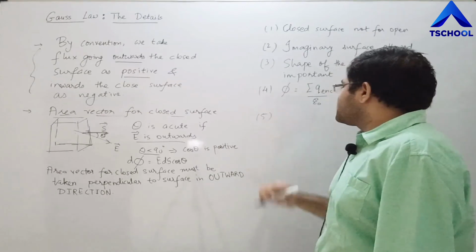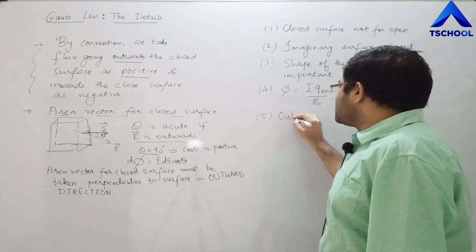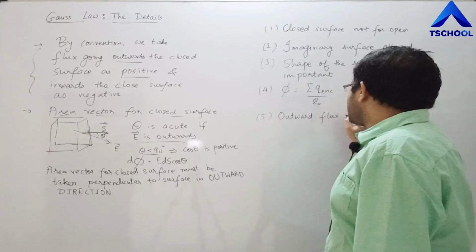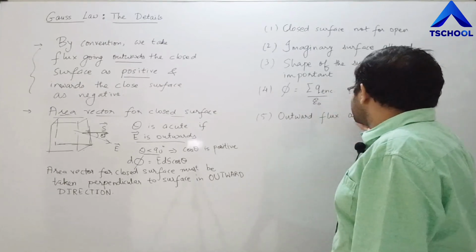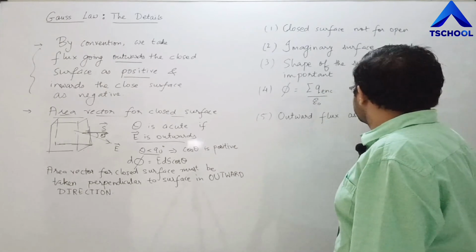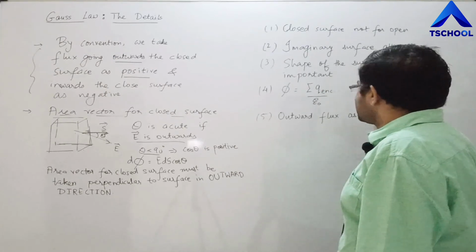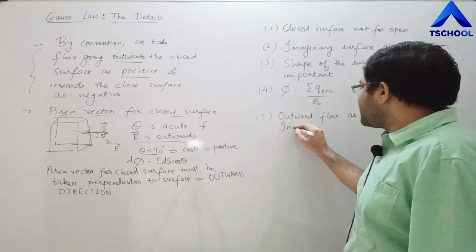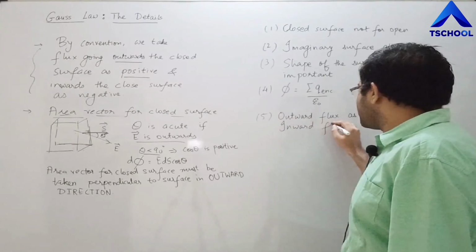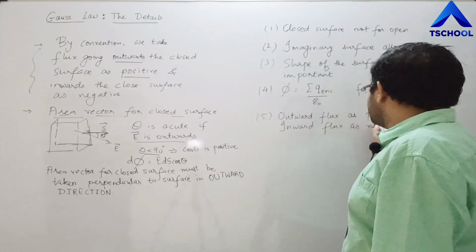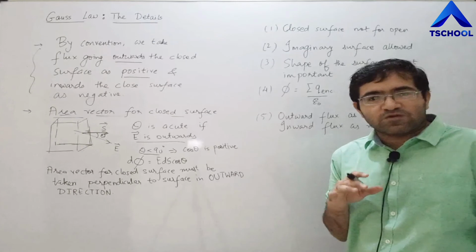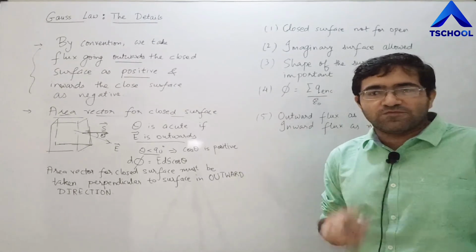Next, we consider the outward flux, or outward electric field, as positive, and the inward flux obviously as negative, the opposite of that. So when you want to find the net flux, you have to do outward minus inward.